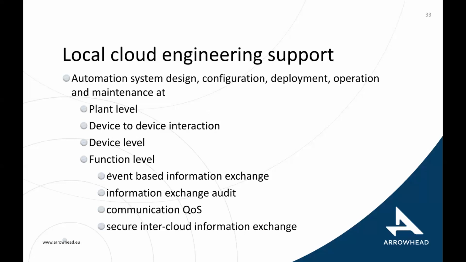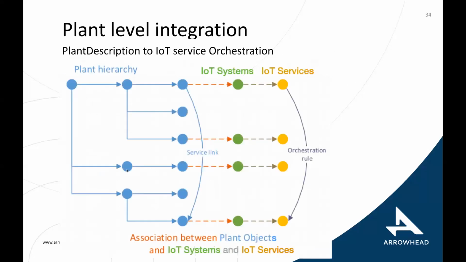So we need to be able to handle what's at plant level or a section of a plant. We need to be able to understand which are the devices that have to interact. What are the devices? What are the functional levels? And so on and so on. Our approach to this has been to provide what we call a plant description system where we can capture data that is currently produced by engineering tools already used in the ISO 95 work, and we can bring these things together.